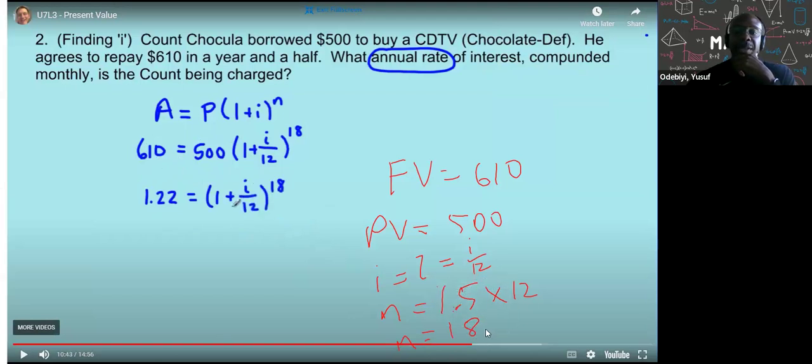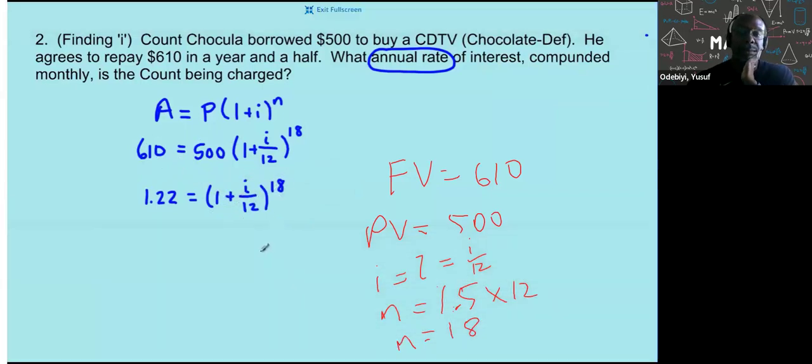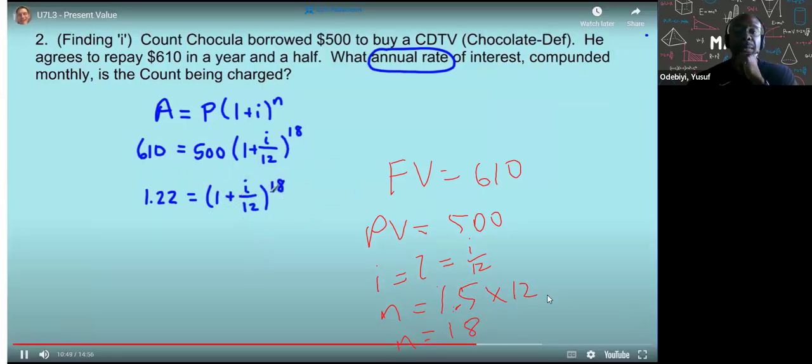Now just more BEDMAS: get 1 plus I over 12 by itself and get rid of this exponent of 18. Remember, when we have something to an exponent, we have to take the nth root to get rid of that exponent.